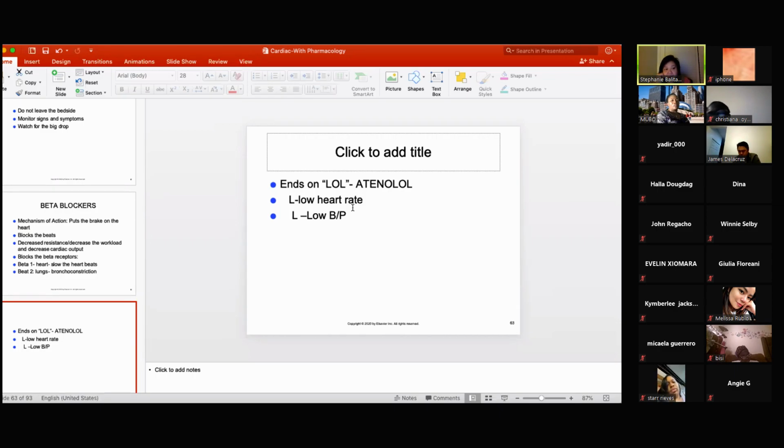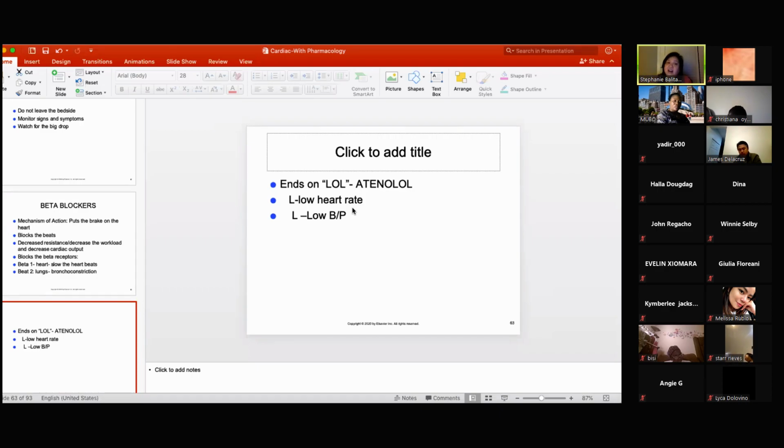So remember, beta blockers tend to lower the workload of the heart by blocking some of the heartbeats. As a result, there is a low heart rate and the blood pressure decreases, which has achieved your goal of an antihypertensive.